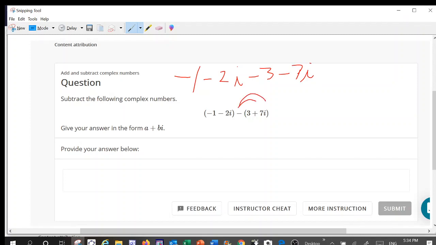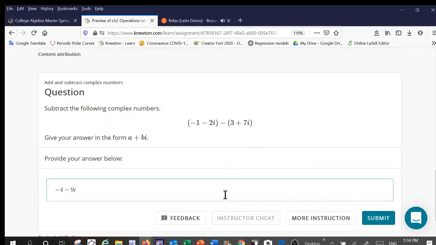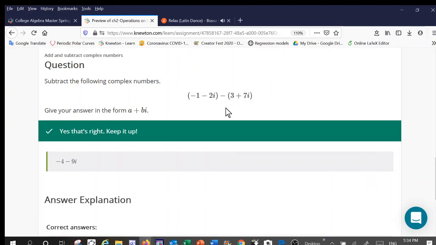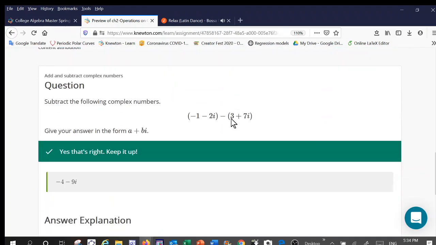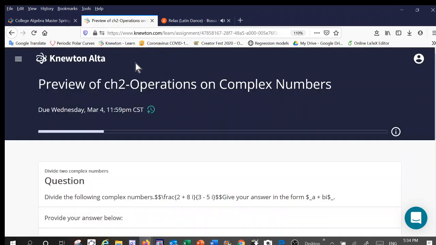Now that's a negative 4. That makes negative 4 here. And these two make negative 9i. So that's the answer: negative 4 minus 9i.